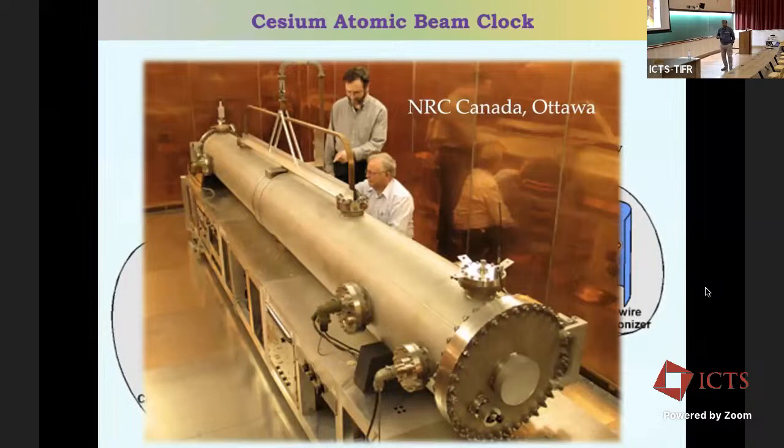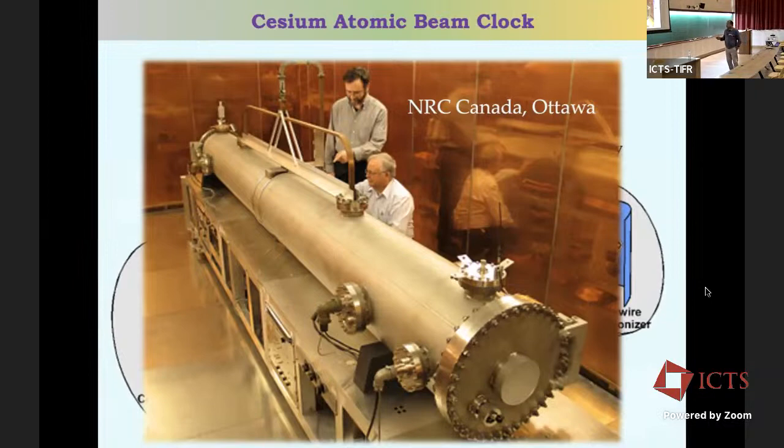As I told you in the beginning, when laser cooling was not there, people were trying to make bigger and bigger atomic beam clocks. Atomic beams were made very, very long to get better and better accuracy. This is one example from NRC Canada, where something like this is the microwave interacting cavity. This is something like 1 meter, and the rest of the parts are detection and so on.